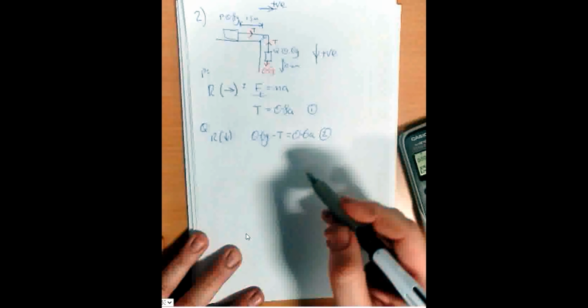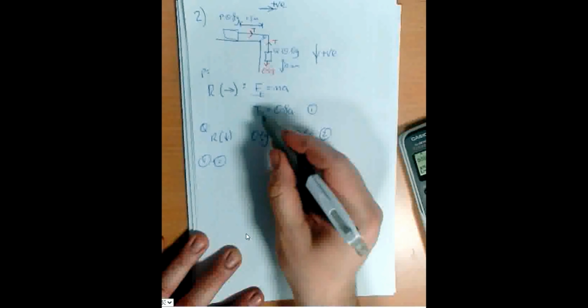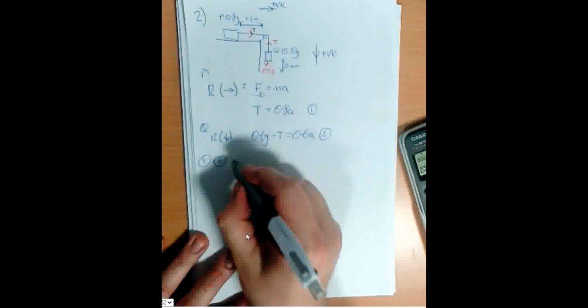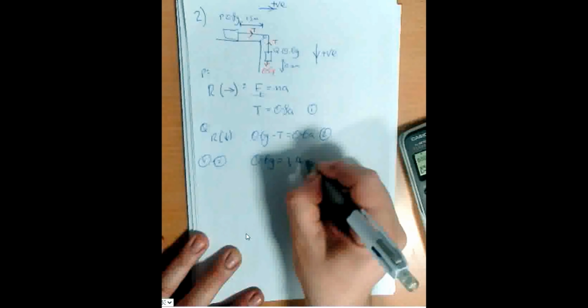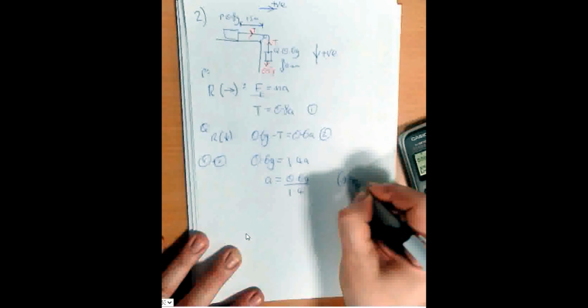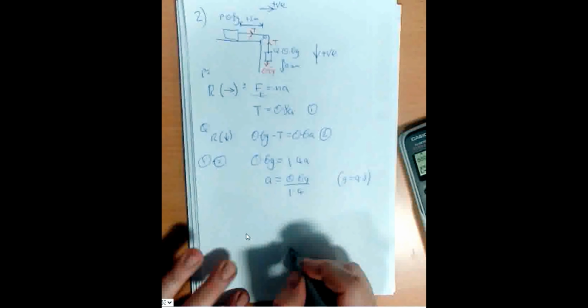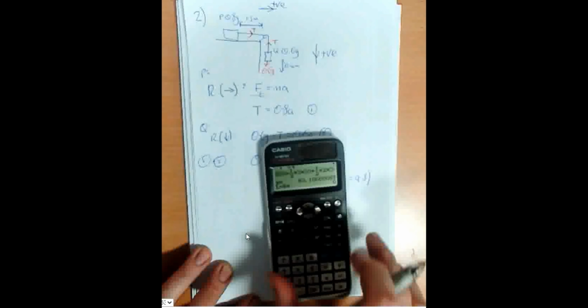The method now is always the same. Add the two equations together. Of course, T and minus T are going to cancel out, so I'm going to get 0.6g equals 0.8a plus 0.6a, 1.4a. a then is 0.6g over 1.4. g, remember, we're using a value of 9.8, so 0.6 times 9.8 divided by 1.4, which should be 4.2.